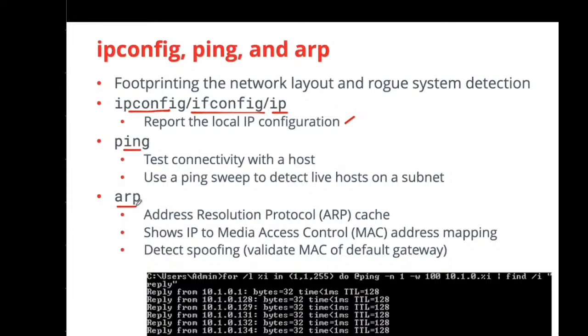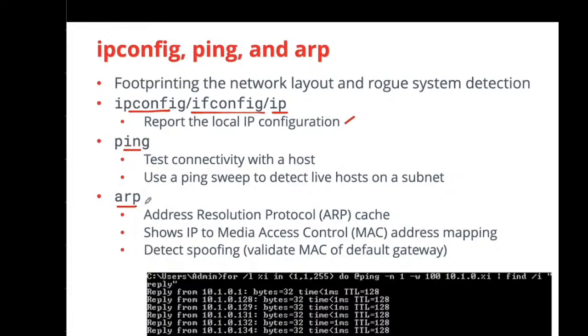Then you have the ARP, that is Address Resolution Protocol. When you run arp space -a on your Windows machine, it will give you the ARP cache. The ARP cache basically shows all the MAC addresses of the interfaces associated with each IP address the local host has communicated with recently.